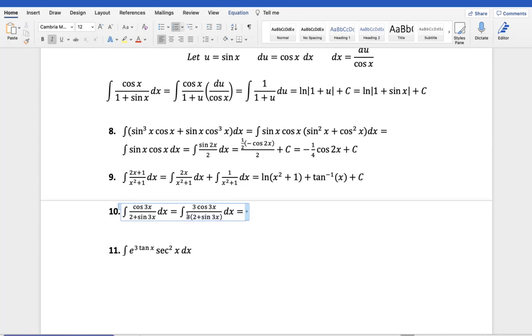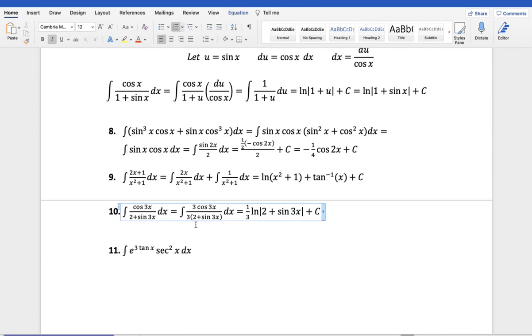And the 3 in the denominator can come out as 1 over 3. Then when we integrate 3 cos 3x over 2 plus sine 3x, we have ln of the absolute value of 2 plus sine 3x, plus our constant of integration c.